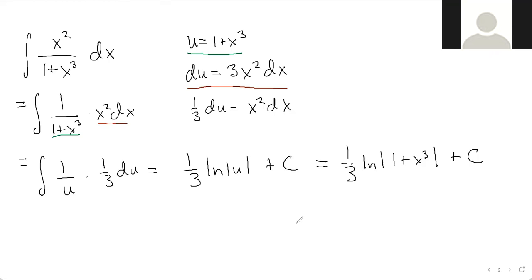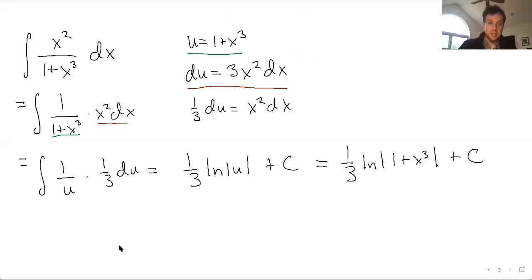When you said 1 over u becomes natural log, is that specifically because it's u, or because of what u stands for? So you're saying this step? Yes. That is one of the integral rules.